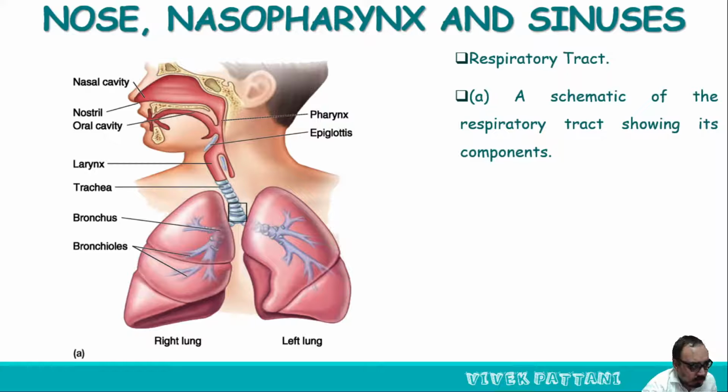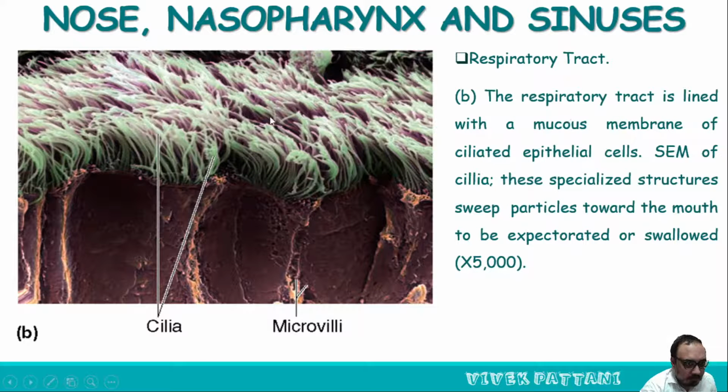And what are the natural defenses of the respiratory system? The inner linings of the respiratory system consist of mucous membranes. Now please see this diagram. It's a respiratory tract which is lined with a mucous membrane of ciliated epithelial cells, and this one is a SEM, scanning electron microscopy, image of the cilia, where you can clearly see the cilia.